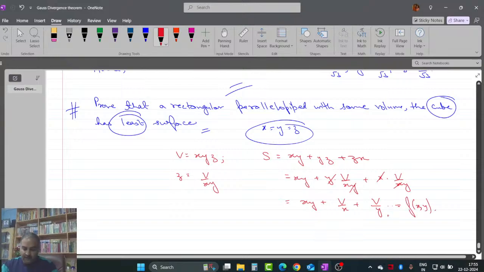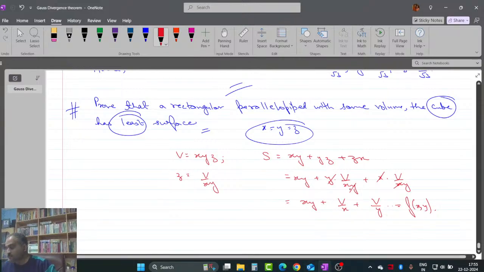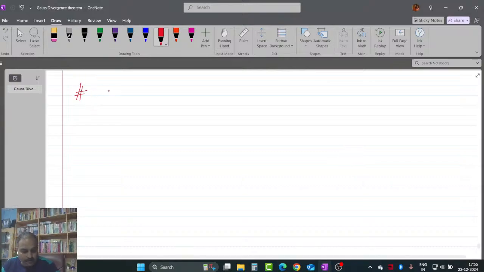I think the maxima and minima is complete. Now coming to the Lagrange's part, let me also do a Lagrange's question, as the students are asking to solve a Lagrange's question.